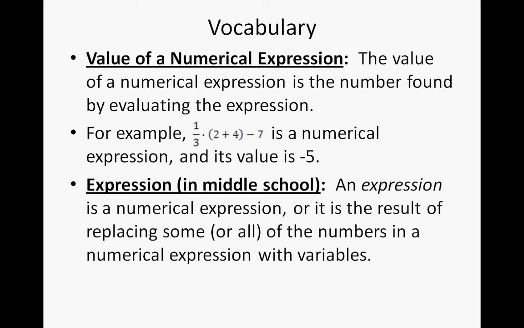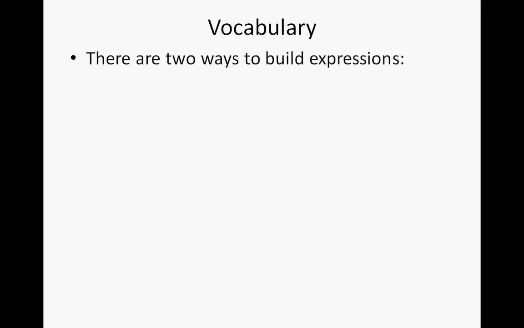An expression, for our purposes, is a numerical expression, or it is a result of replacing all or some of the numbers in a numerical expression with variables. There are two ways to build expressions.